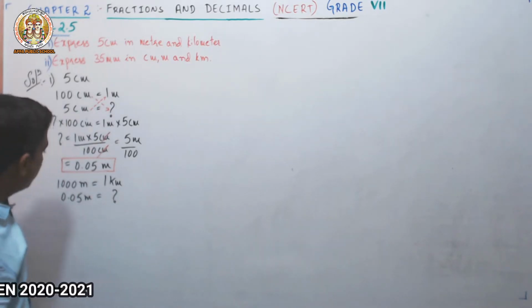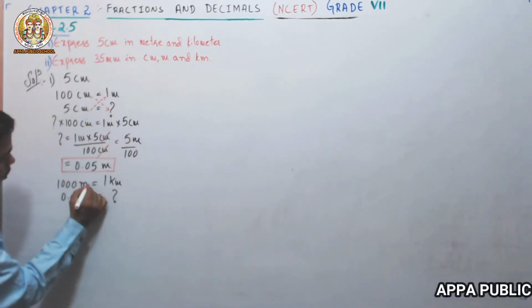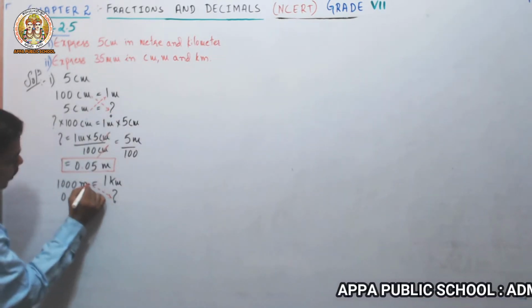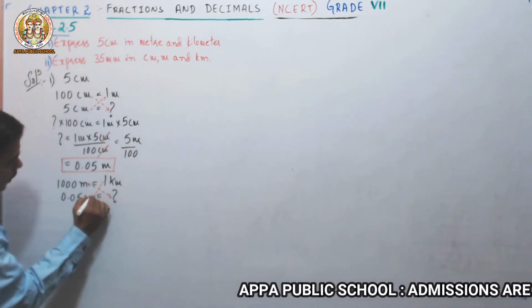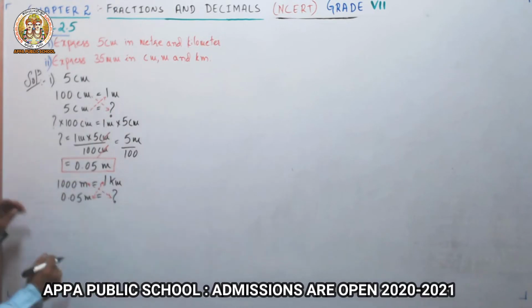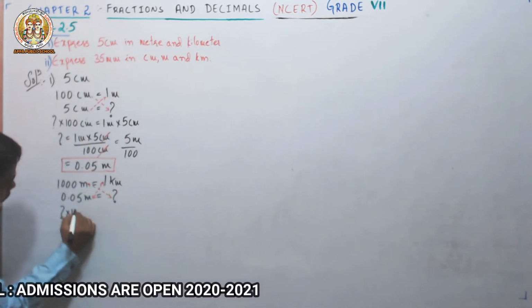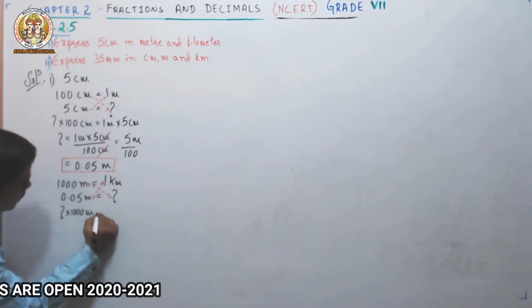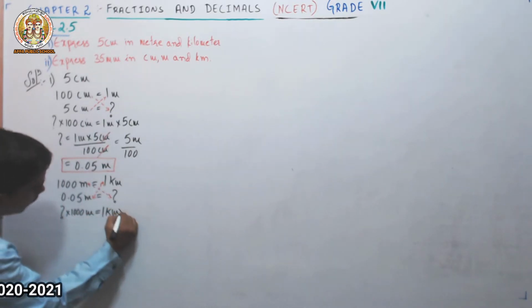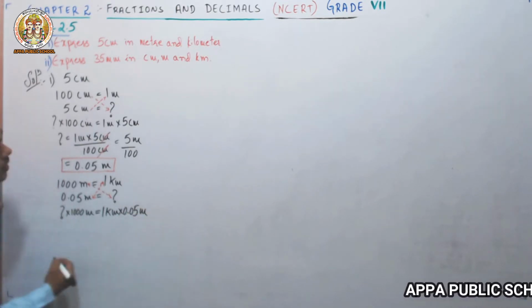Once again I will cross multiply. Question mark into 1000 meter is equal to 1 kilometer into 0.05 meter as it is.